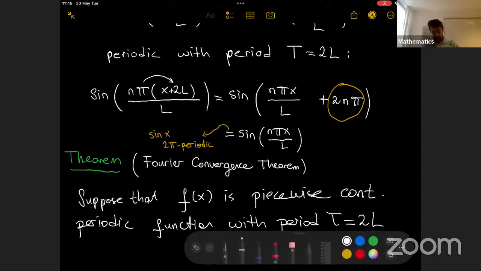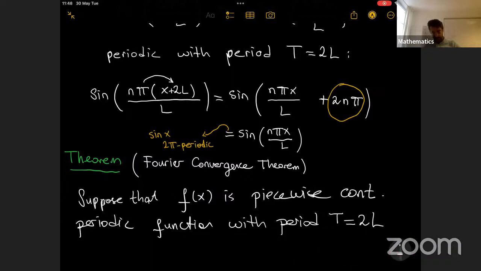Okay, so it has period 2L. L is a positive real number.